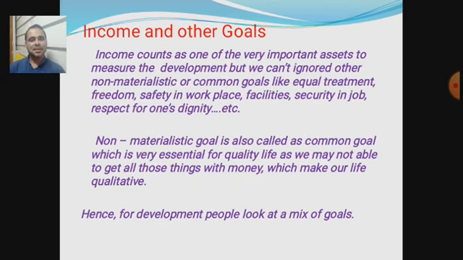Income and other goals. Here other goals are non-materialistic goals. Hence, for development, people look at mixed goals. They do not have only one set target or one aspiration. It keeps on changing with each step of human life. Clear?